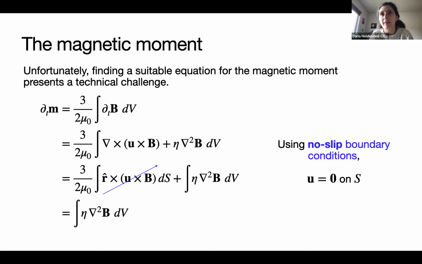I've put it in general here, but you can think about it as the dipole moment. I suppose the integral is over the volume, so it's the dipole within the whole volume, within the conductive region, yeah.